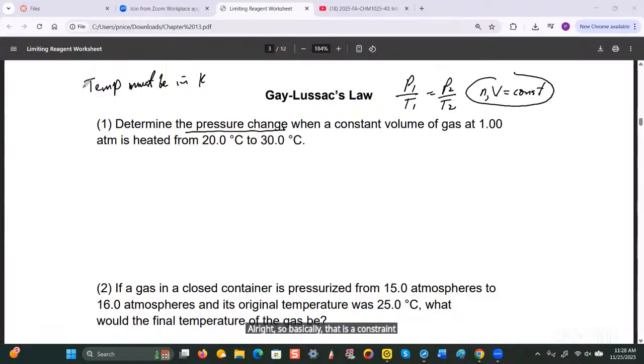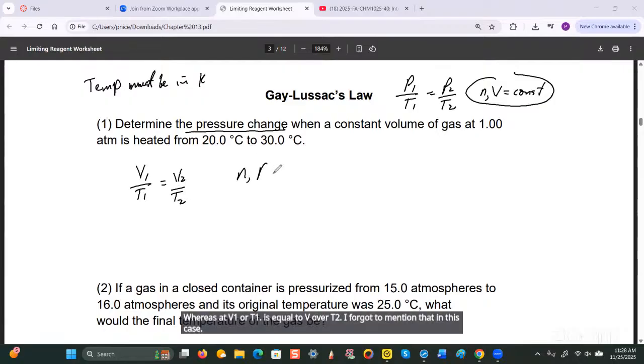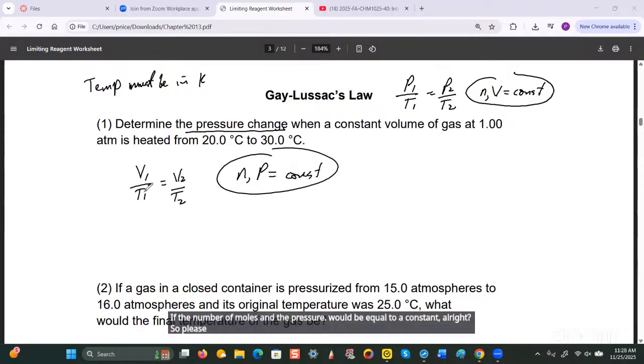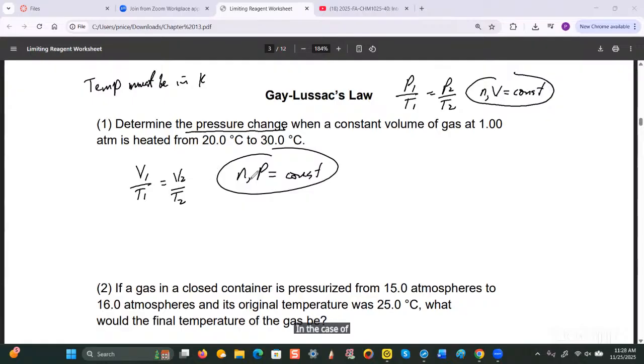And I should have mentioned in the previous law, Charles' law, where I said V1 over T1 is equal to V2 over T2, that in this case, the number of moles and the pressure will be constant, all right? So please make a note of that. In the case of Charles' law, the number of moles and pressure is constant. In the case of Gay-Lussac's law, the number of moles and volume is constant, all right?